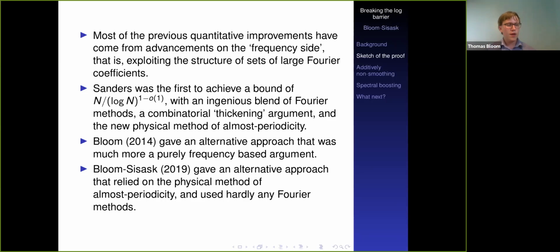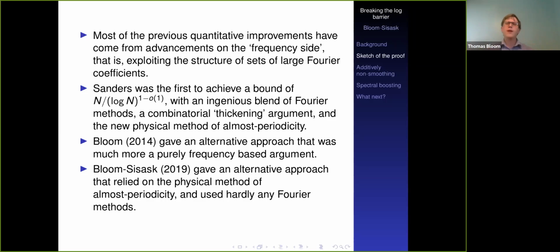And I think one of the reasons that Sanders managed to prove this bound of basically n over log n was that he combined some of these very powerful Fourier techniques with some recent very powerful techniques on the physical side. That is, purely combinatorial methods that are more probabilistic in nature and don't use Fourier analysis.